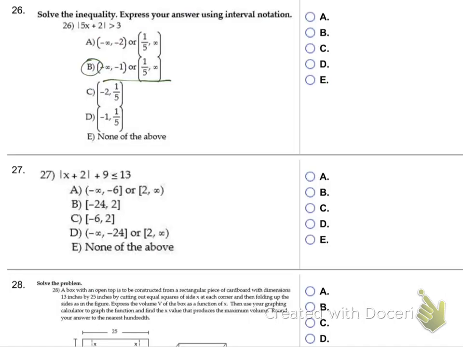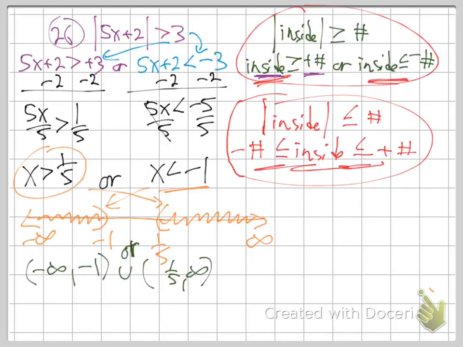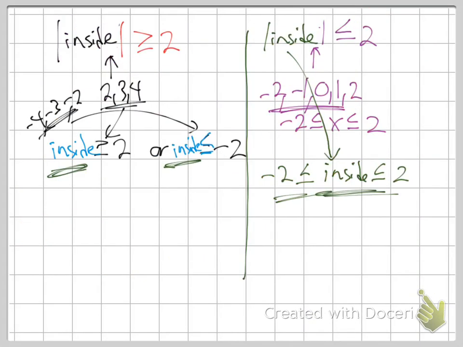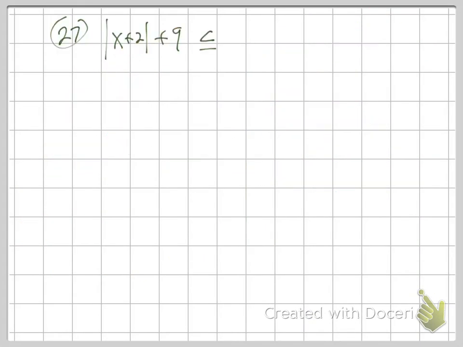Absolute value of x plus 2, plus 9, less than or equal to 13. All right, so what do we do first on this one? Do you realize we got to get rid of that 9 first off?